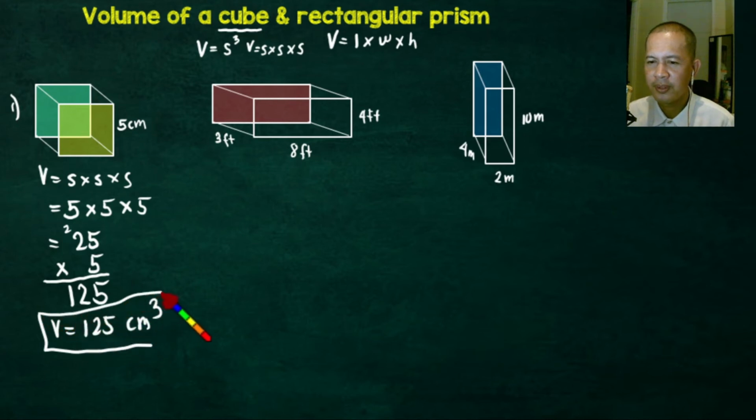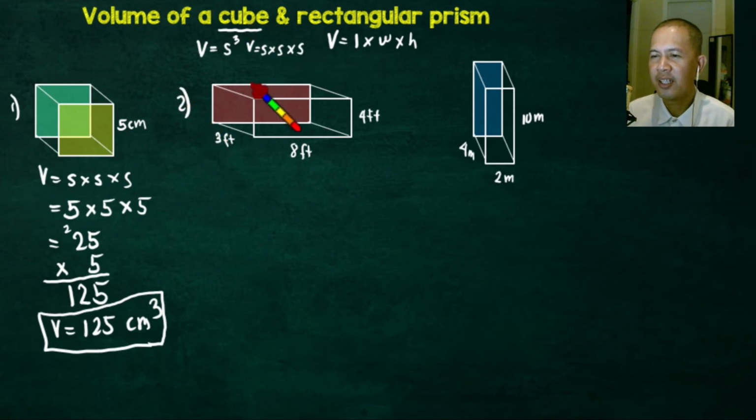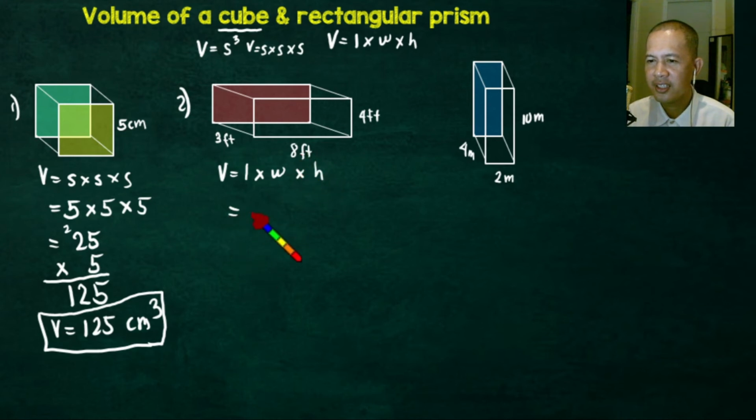That is example number 1. So let's proceed to the second example, which is a rectangular prism. We're going to use the formula V is equal to length times width times height. Our length here is 8.